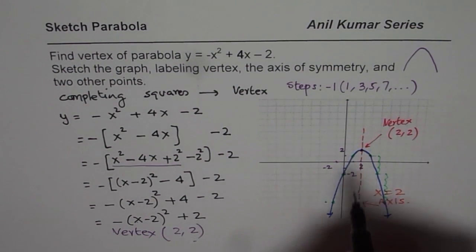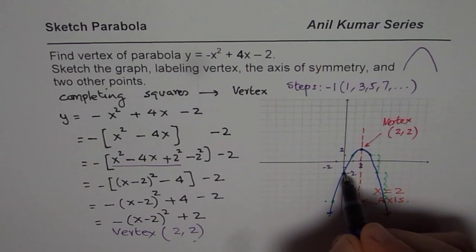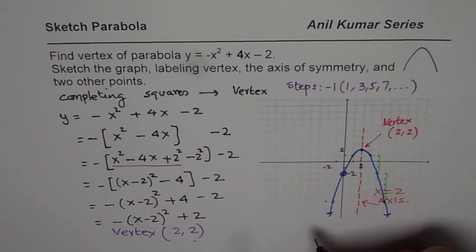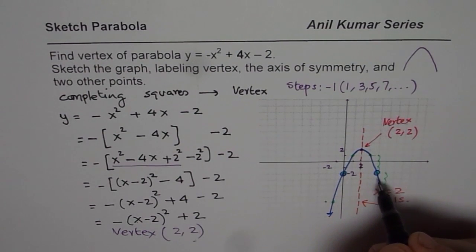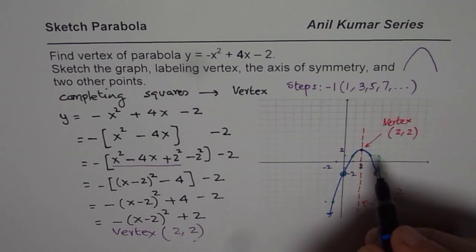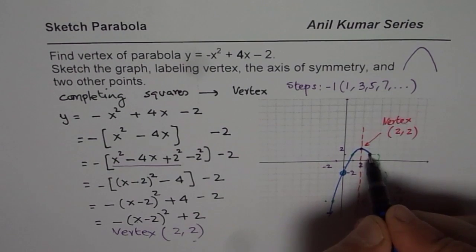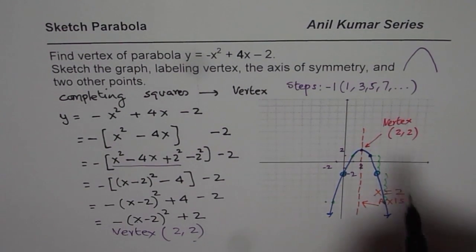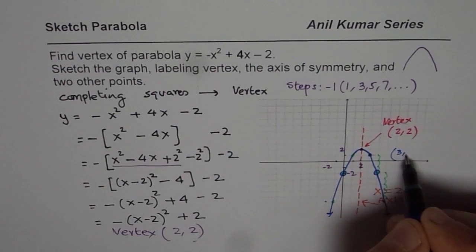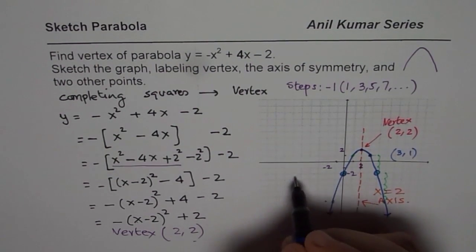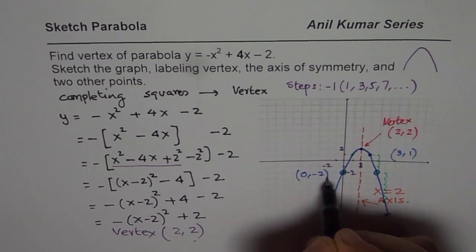Now, the question is to find other points. So the y-intercept, as I said, is a good point to write. The other is the symmetrical image of the y-intercept. It's another good point to find, correct? Even these are good points to report. So we have one point here which is 3, 1. The other point is the y-intercept, which is x value of 0, y value of minus 2.